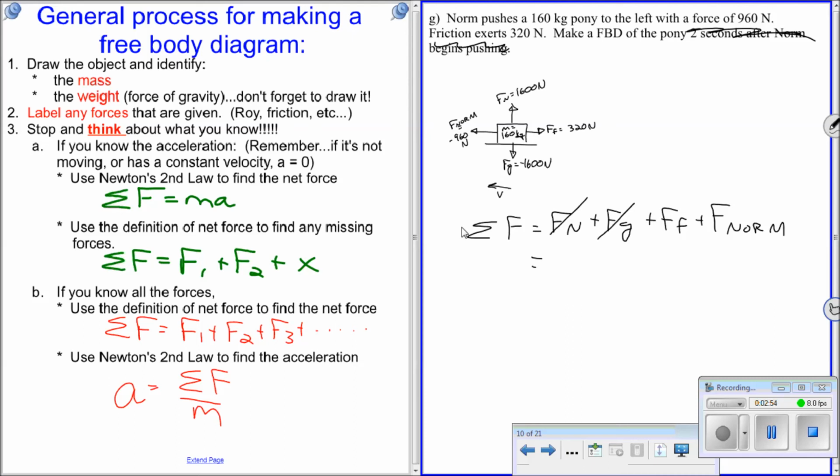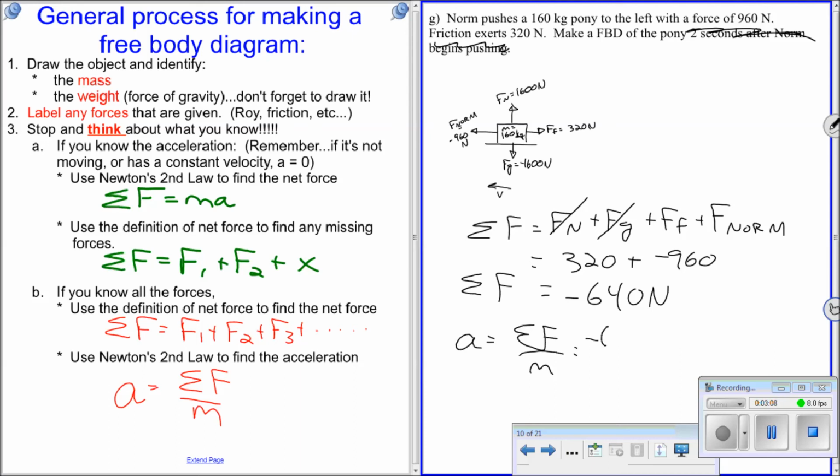So my net force is my force of friction, 320, plus my force of norm, negative 960. Add them up and you get negative 640 newtons. So that's my net force, and then my acceleration is net force over mass, negative 640 newtons over 160 kilograms, and so you get 4 meters per second squared.